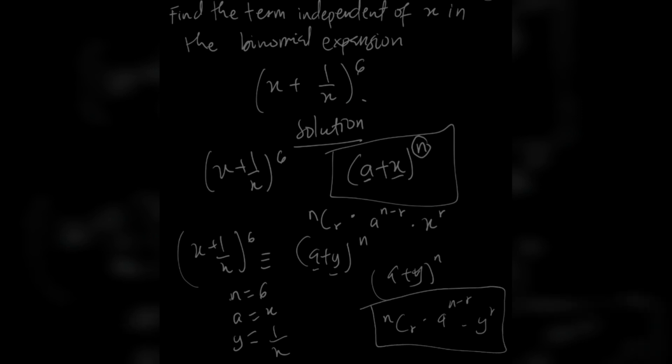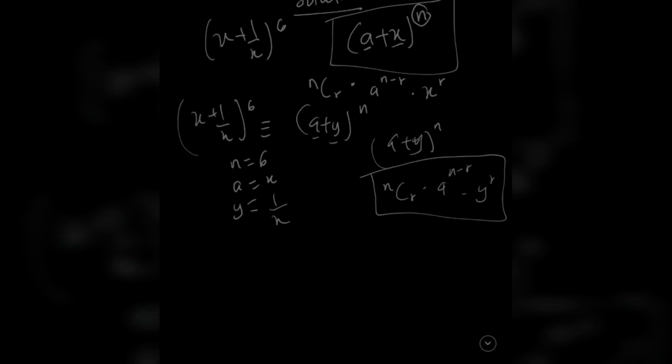So if you want a specific term, replacing n, a and y with their values, we get 6 combination r multiplying x raised to the power 6 minus r, multiplying y, which is 1 over x, all raised to the power of r.